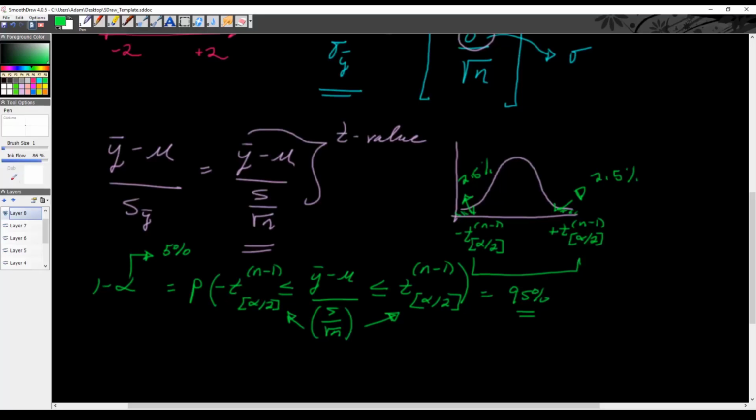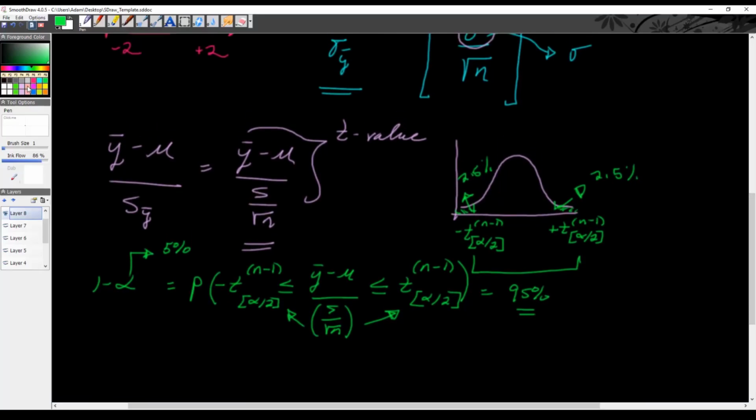So if you multiply both sides by s divided by root n, and then you subtract out the mean from both sides, and then you multiply everything through by -1, and remember when you do that, the inequalities switch, this is the result that you get, and it's the result that we saw from before.